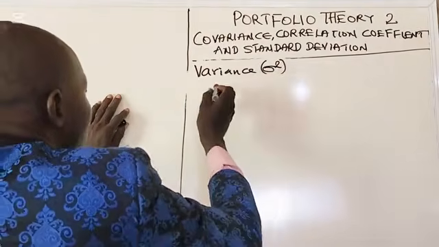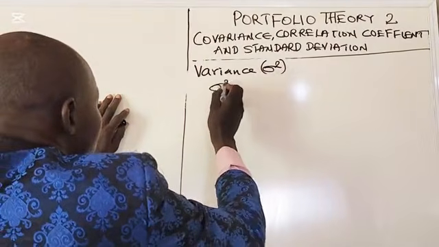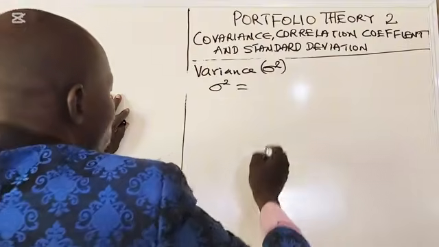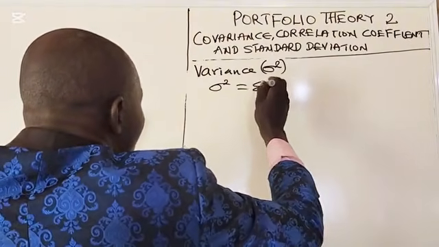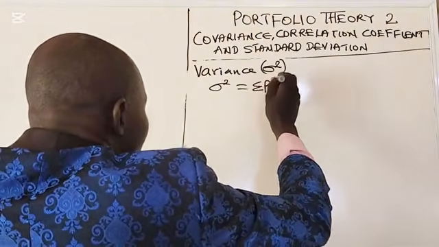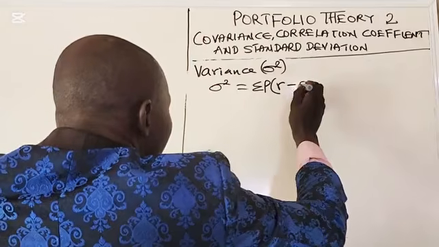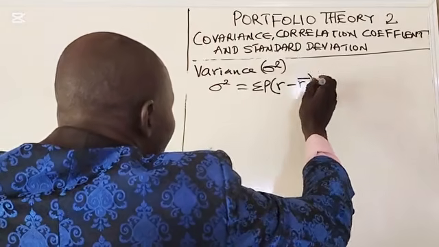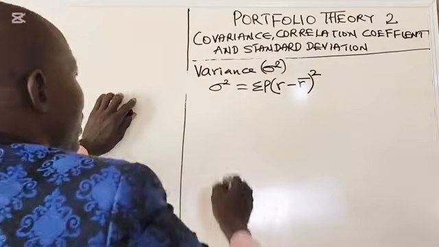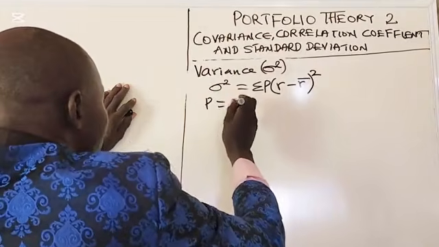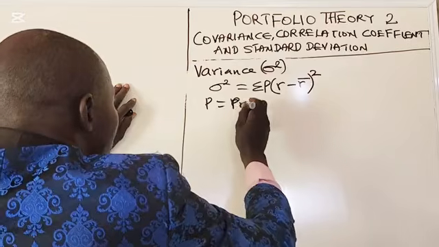So variance equals the sum of probability times (R minus R bar), all squared. Remember, P is probability.